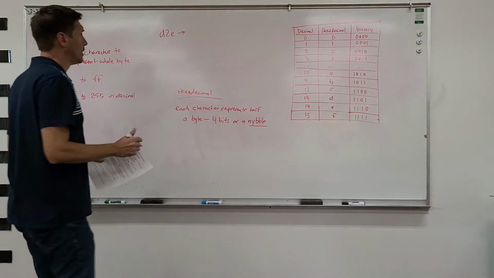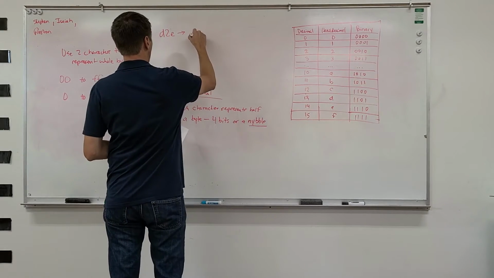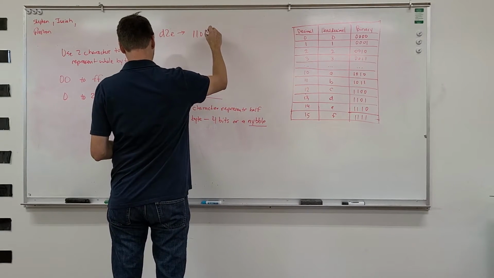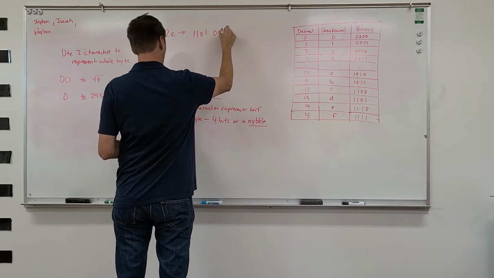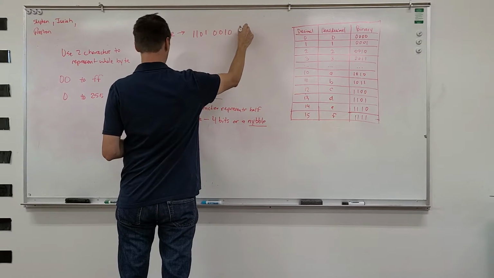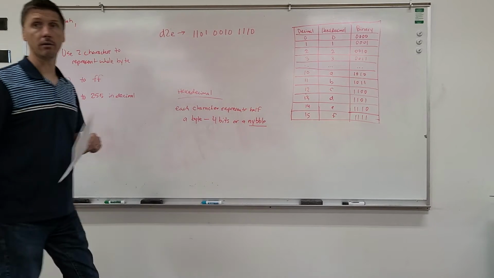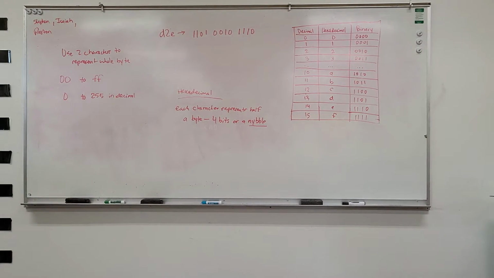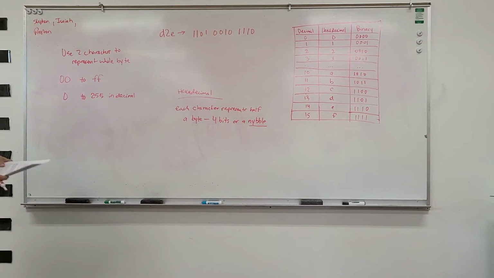So we've got D, which we know corresponds to 1101, and we've got 2, which corresponds to 0010. And we've got E that corresponds to 1110 right here. And I'm done. No math or anything, right? It's just being able to build this table if you're going to be able to convert from hexadecimal to binary.